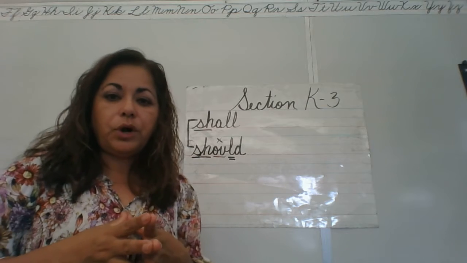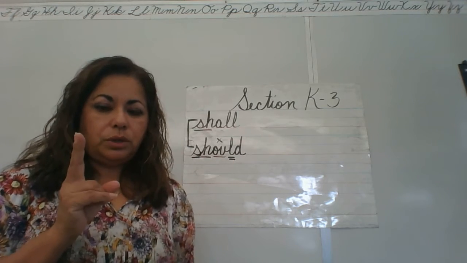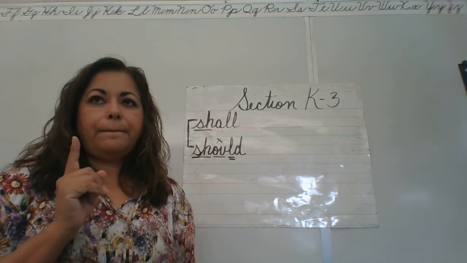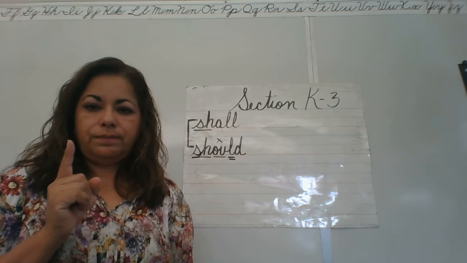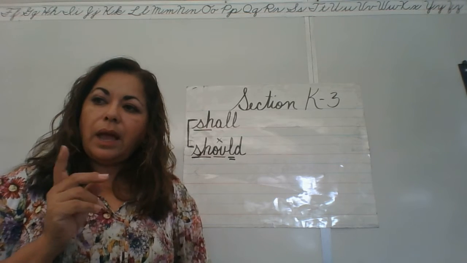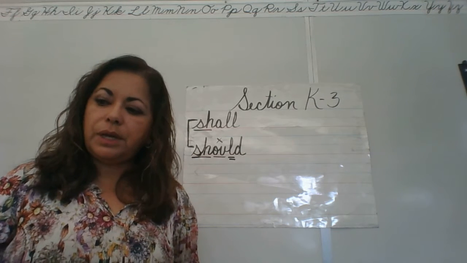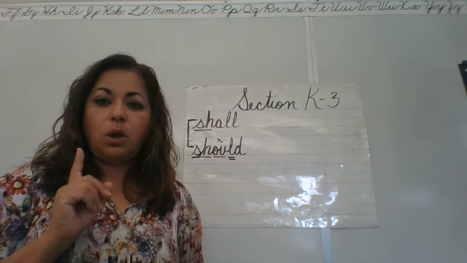Now the next word is wood. There's two woods. Wood as in a piece of log, or would. Would you please hand me that chair? Would you please? That's the one we want to spell, would.